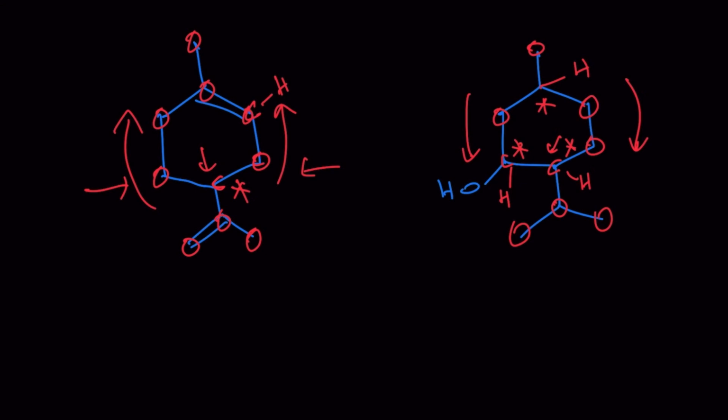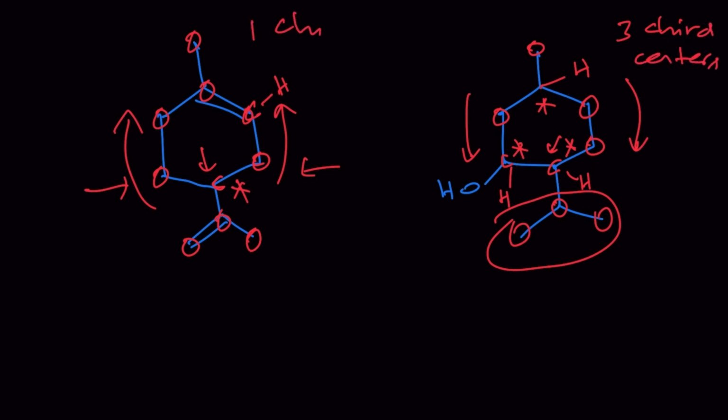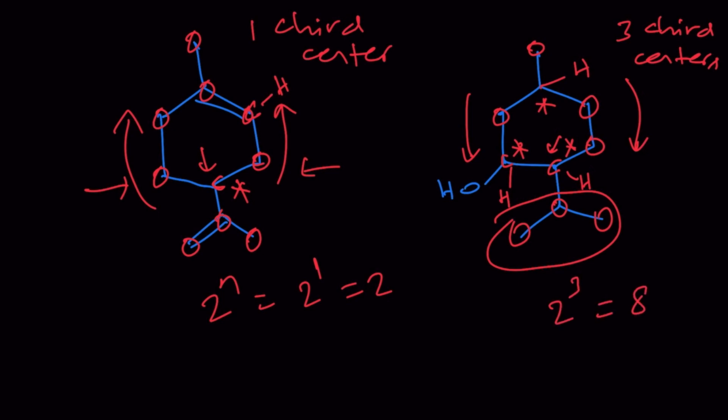We have hidden hydrogen, isopropyl group, and then CH2 on the right hand side, CHOH. Therefore, this carbon also chiral. So that means we have 3 chiral centers here. Here we have 1 chiral center. So this means here we will have 2 stereoisomers, and here we will have 2 to the power 3, 8 stereoisomers.